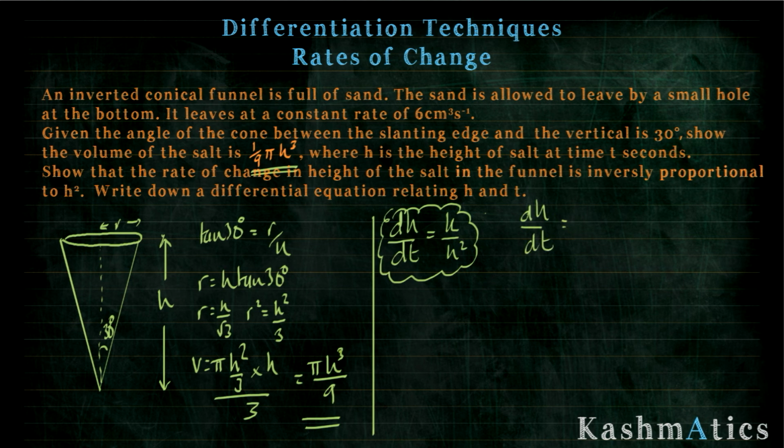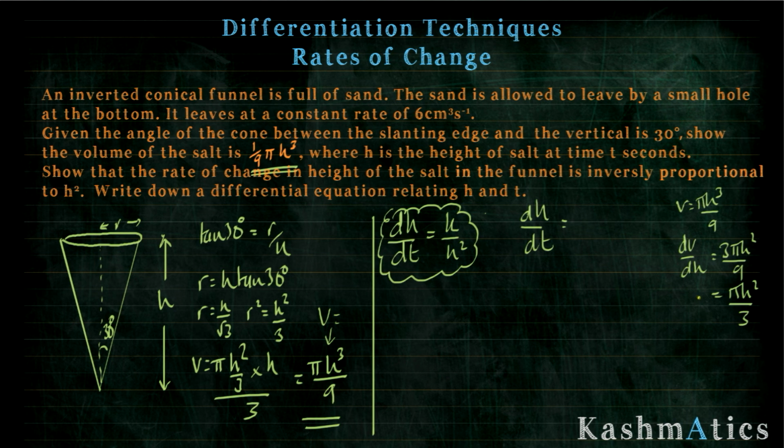Now from this I can work out dv by dh. Remember, this is equal to v. Okay, v is this bit here. So what I know is that v is equal to pi h cubed over 9. Alright, which means dv by dh is equal to 3 pi h squared over 9, which is pi h squared over 3.